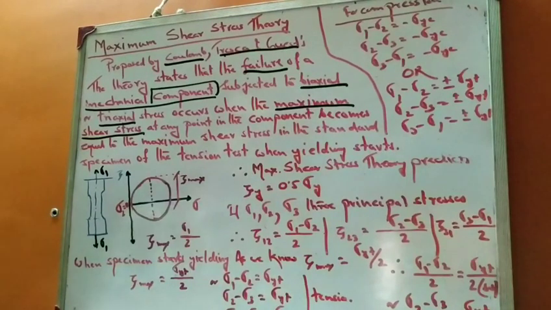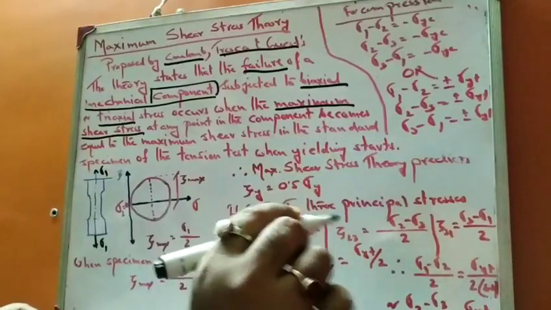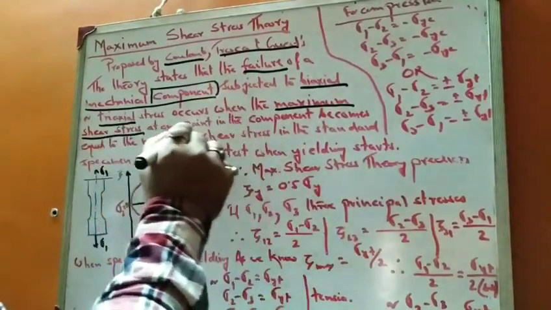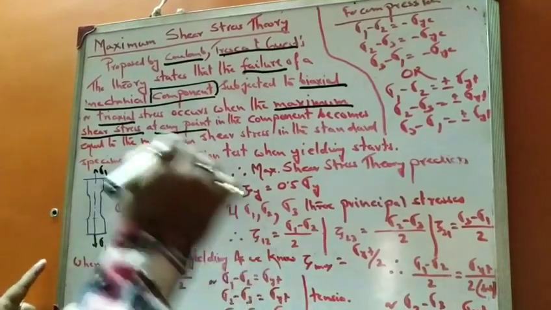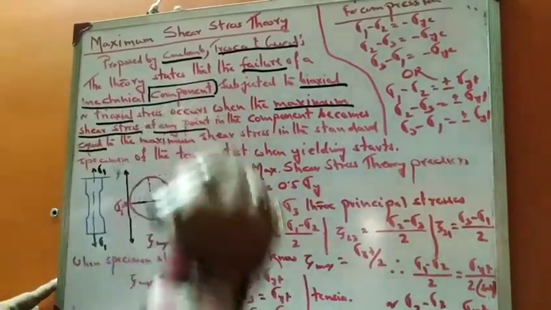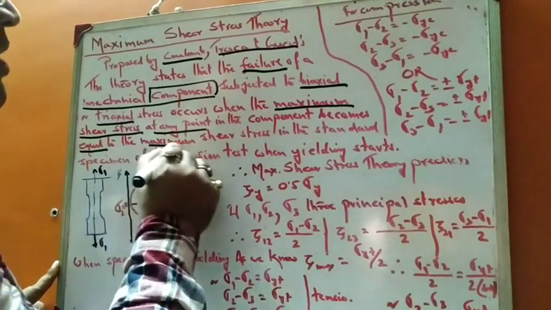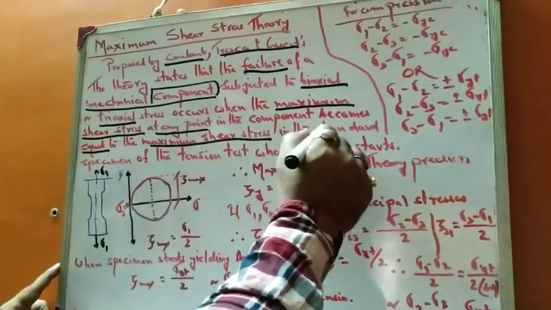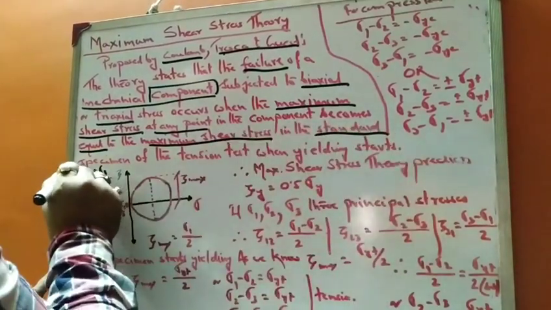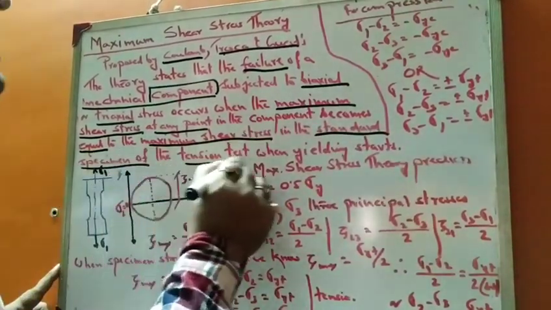according to Coulomb, Tresca and Guest, at any point in the component, it can be any point, becomes equal to the maximum shear stress in a standard specimen of the tensile test.